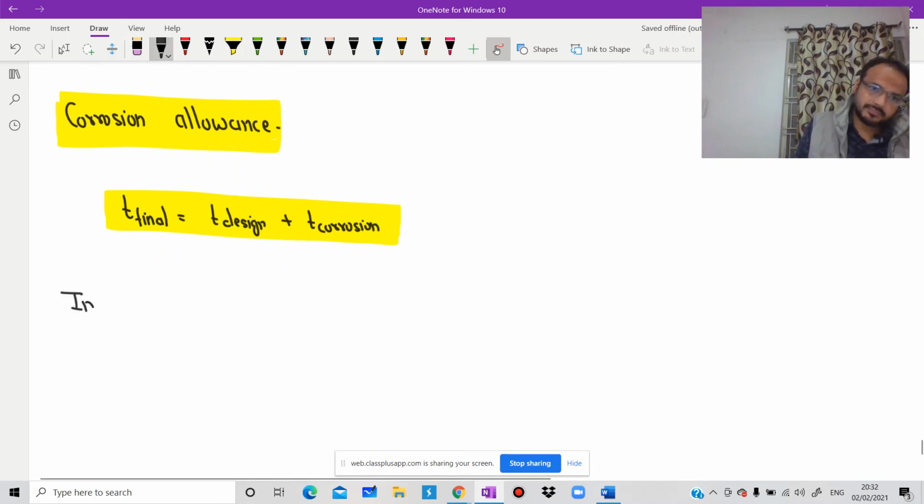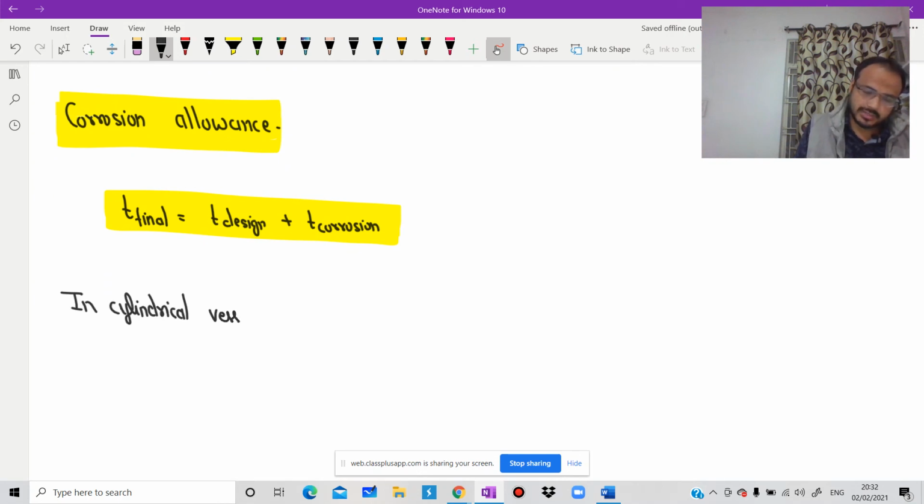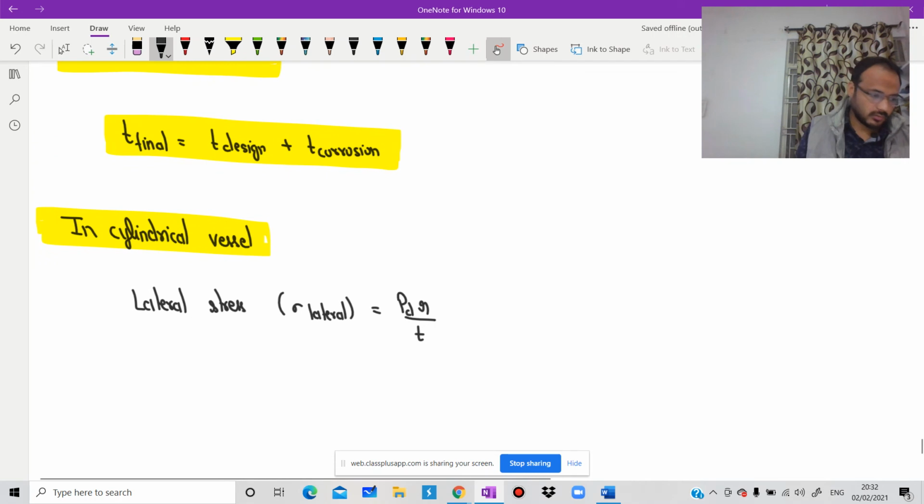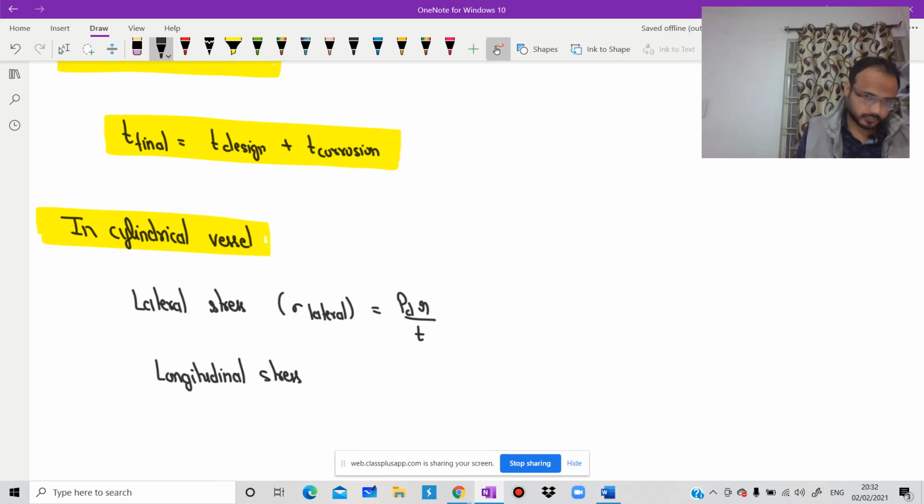In cylindrical vessel, lateral stress sigma lateral is equal to PD by T. Second one is longitudinal stress. Sigma longitudinal.